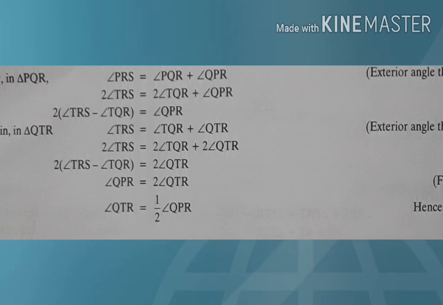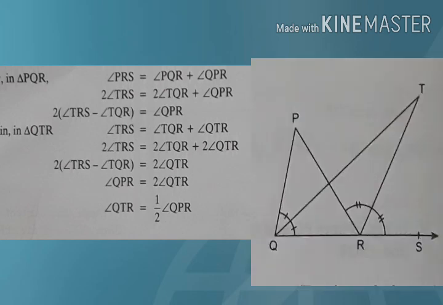Then what do we need to find? Angle QTR, because in the question we need to prove that angle QTR equals half of angle QPR. So here we first found the value of angle QPR. Next we need to find angle QTR. For that we consider another triangle, QTR.